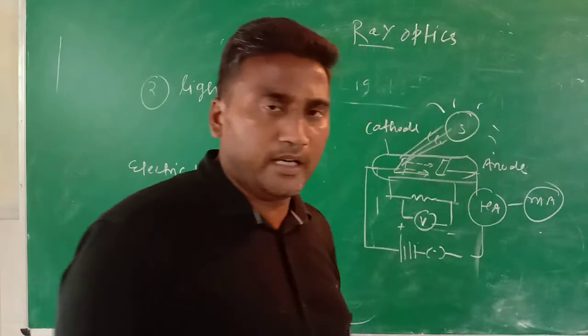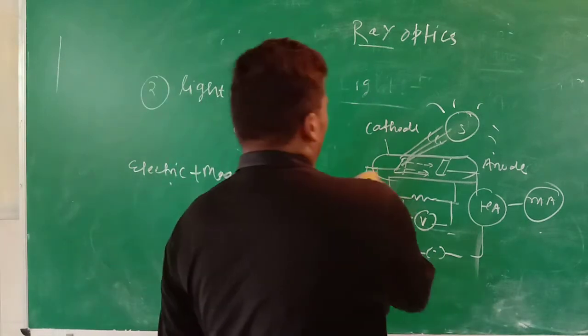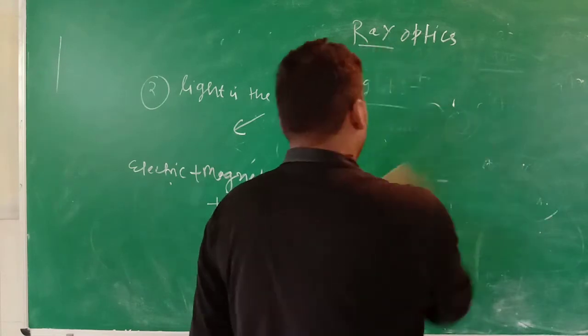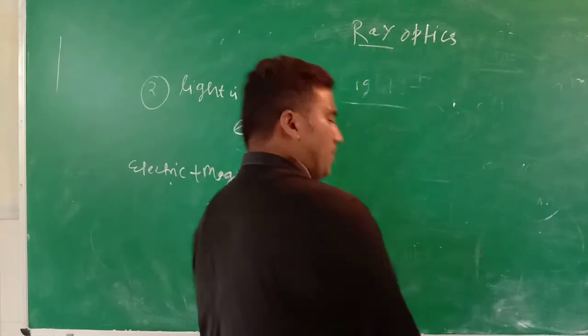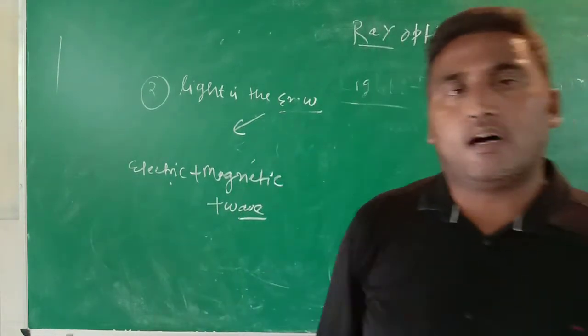How much current develops in the device, that process is known as photoelectric emission, and it is also known as the property of current flow in a device. Therefore it follows the property of electric.